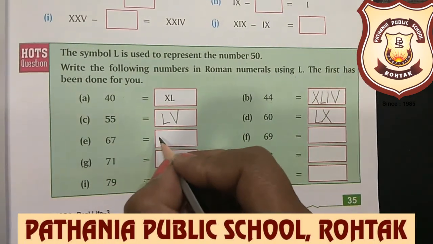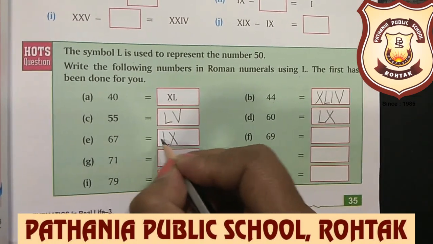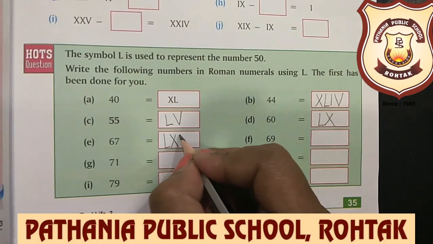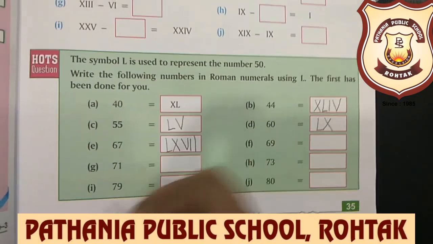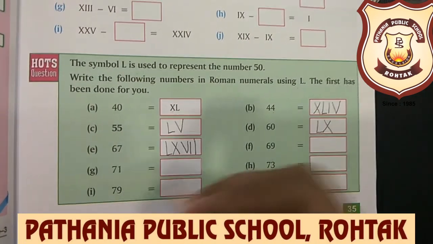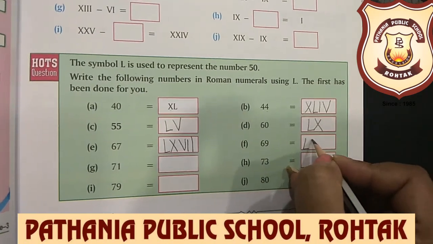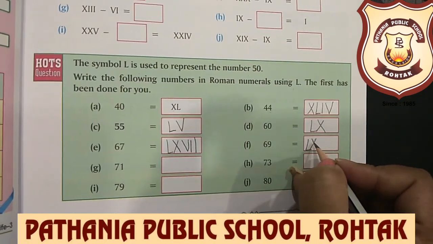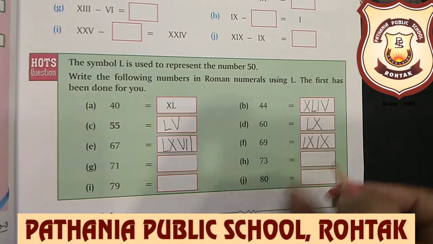Now for 67, L is for 50, X. Now L and X is 60. For 7 we will write VII. So this is 67. Now for 69, first of all we need to write L, then X. L and X is 60. Now 9 is IX. So we will write here IX.